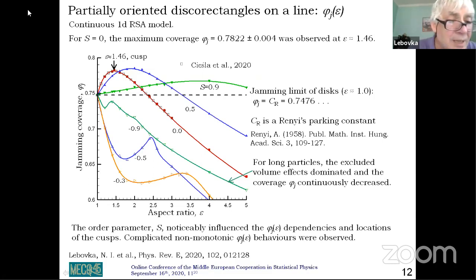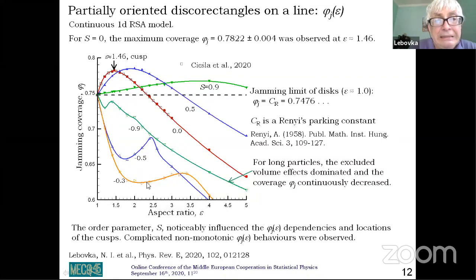Okay, so, thank you. So here we have the situation when for fully oriented particles we have no dependence upon the aspect ratio, okay? And with a negative order parameter, we have even more complicated dependencies. And in many cases, we have this cusp-like behavior. This is the famous Rényi parking constant for fully oriented cars.